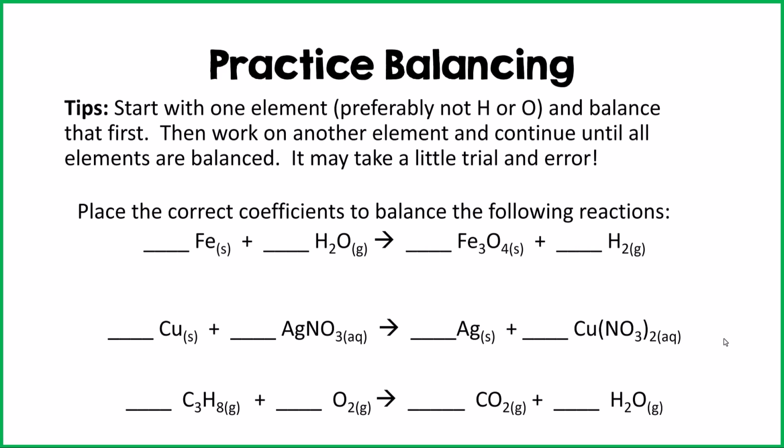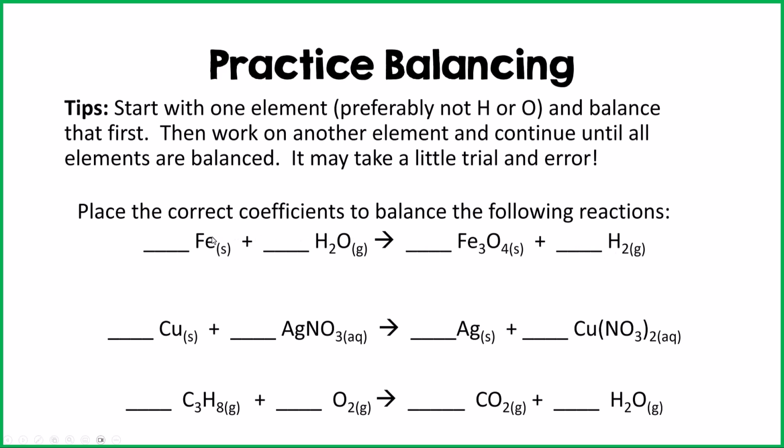It may take a little trial and error. If you're getting frustrated, just know that there is no tried and true method to figure out how to balance these equations. Sometimes you just have to work through it. So our first example reaction is iron plus water yields iron oxide plus hydrogen gas.